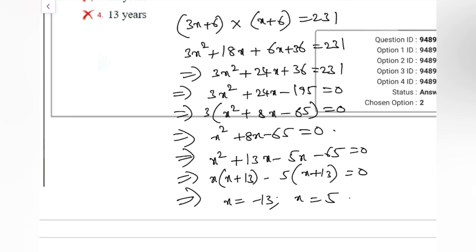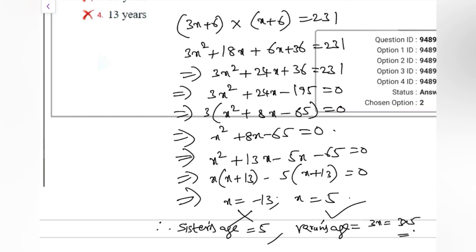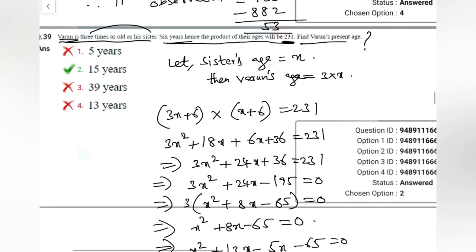The age cannot be negative, so we have to take the positive value, which is 5. So sister's age is equal to 5 and Varun's age is equal to 3x, that is equal to 3 into 5, that is equal to 15 years. So the answer is option 2, 15 years.